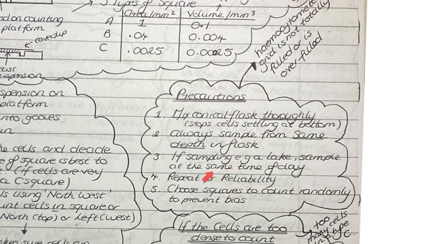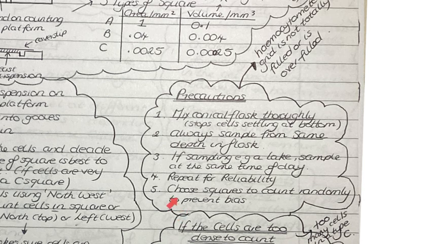And then if you're sampling water, maybe you're looking at phytoplankton which has been taken from a lake, whenever you're taking the sample from the lake that you're going to use for the haemocytometer, make sure that you sample at the same time every day in case that would affect where you find the phytoplankton.